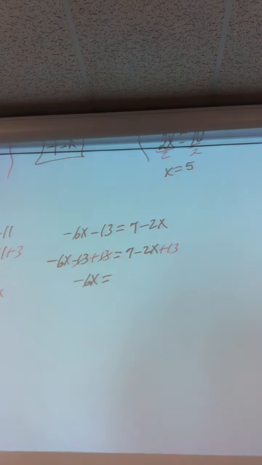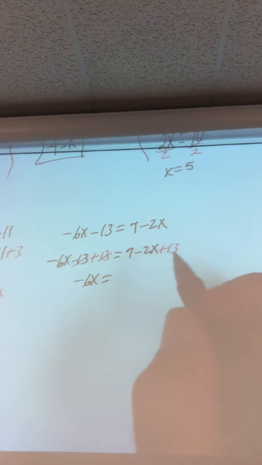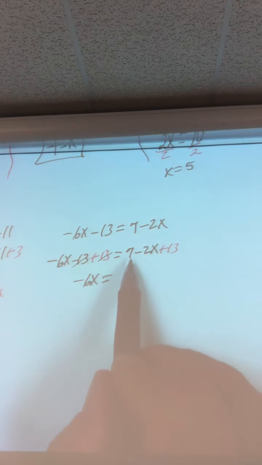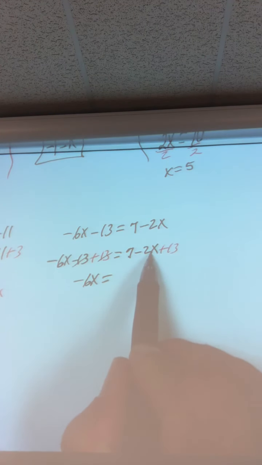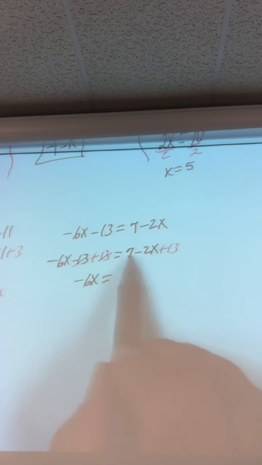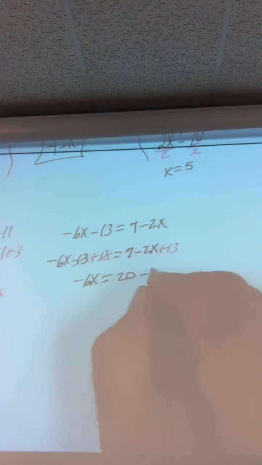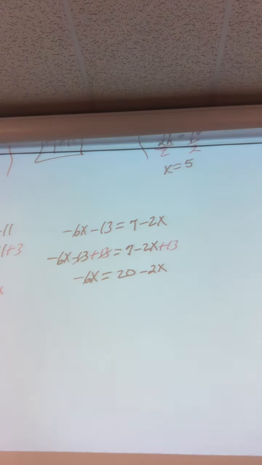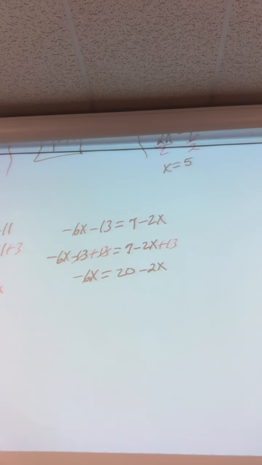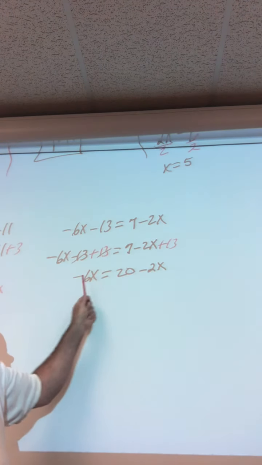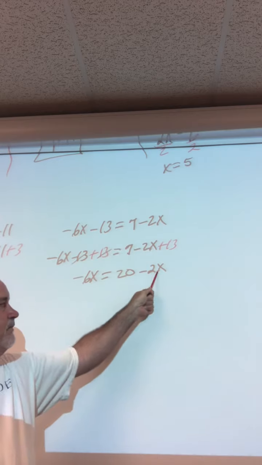The left side then would be negative 6x. Now the right side, 7, can't add that, but you can add the 7 plus 13, which is 20, minus 2x. Or you could have written it negative 2x plus 20. Same thing.